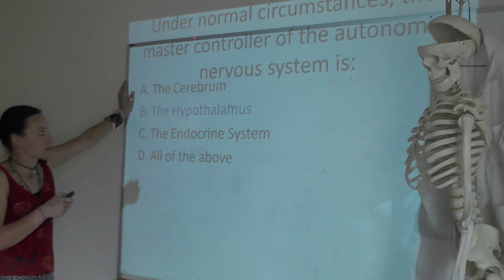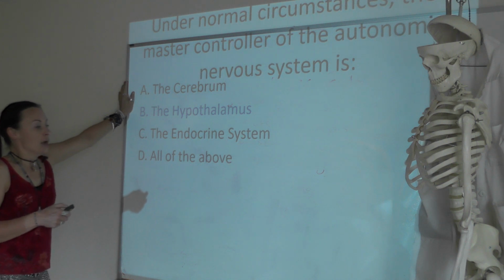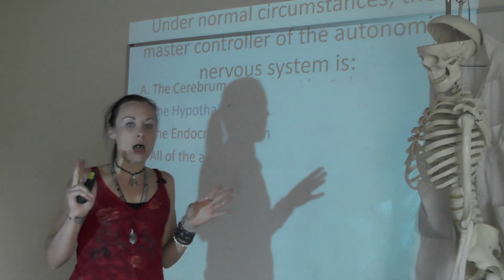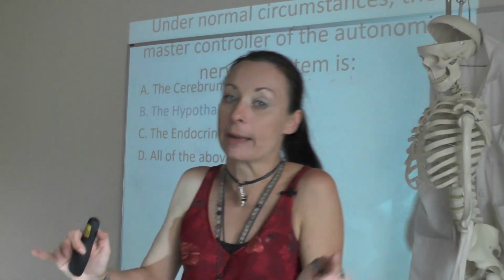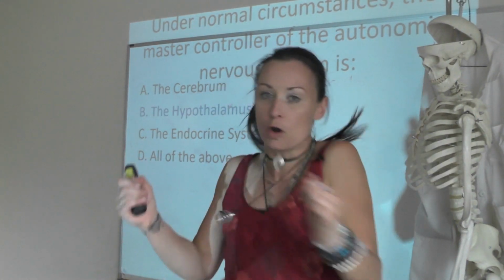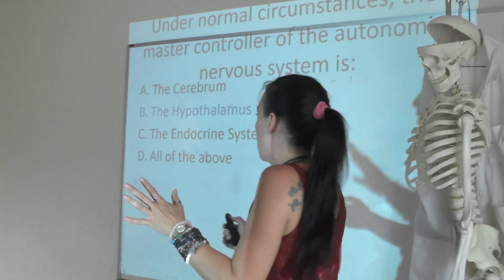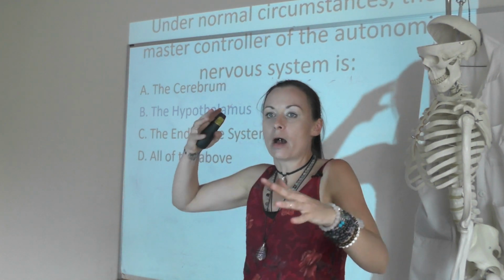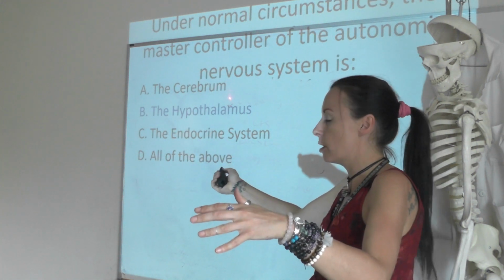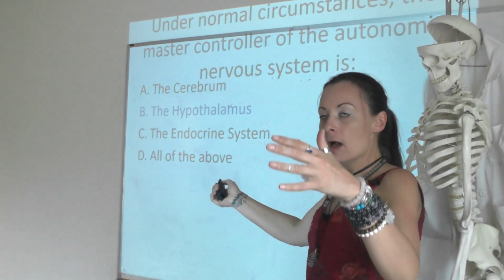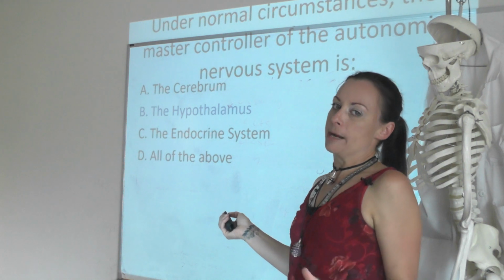Now, why did I put this word normal here? Well, if your autonomic nervous system is in a fight or flight situation, like you're panicking because your neighbor just slammed the door and you got really scared, as soon as you realize consciously in your cerebrum there's nothing to be afraid of, you could slow your heart rate.